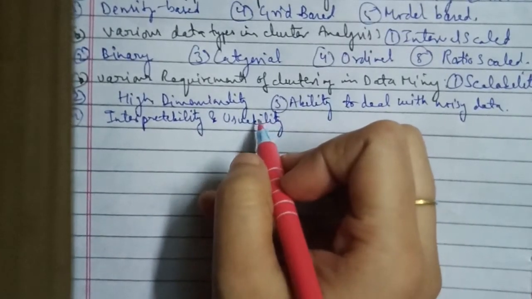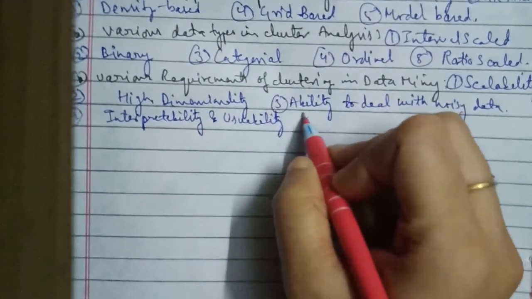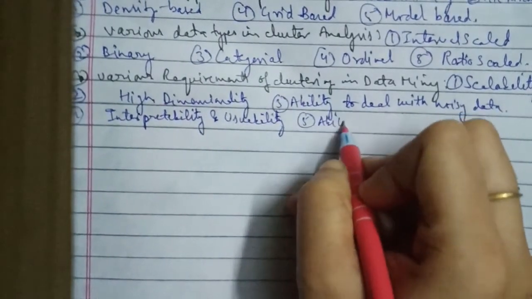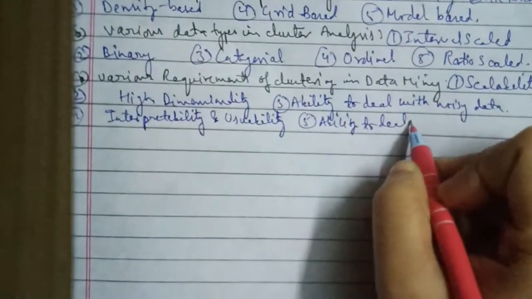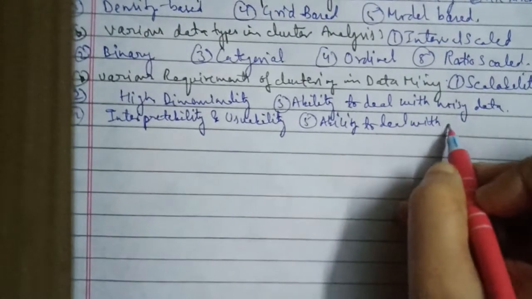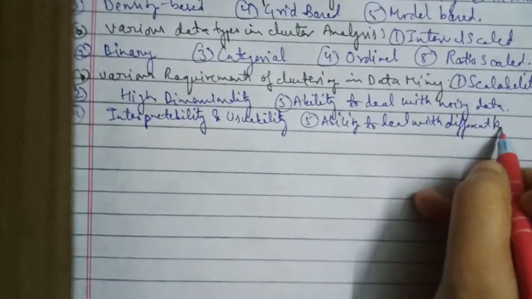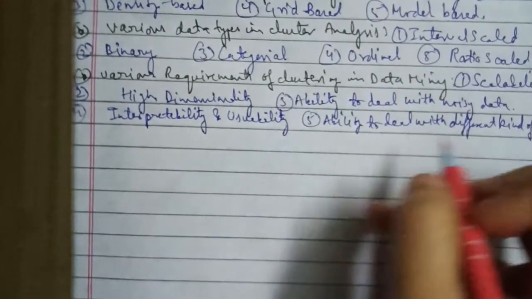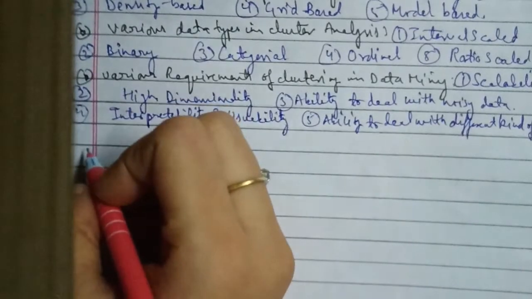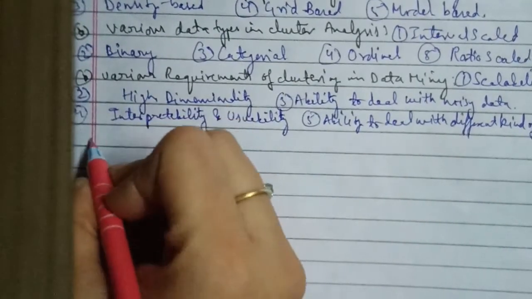The fifth is the ability to deal with different kinds of attributes. And the sixth is insensitivity to the order of input records.